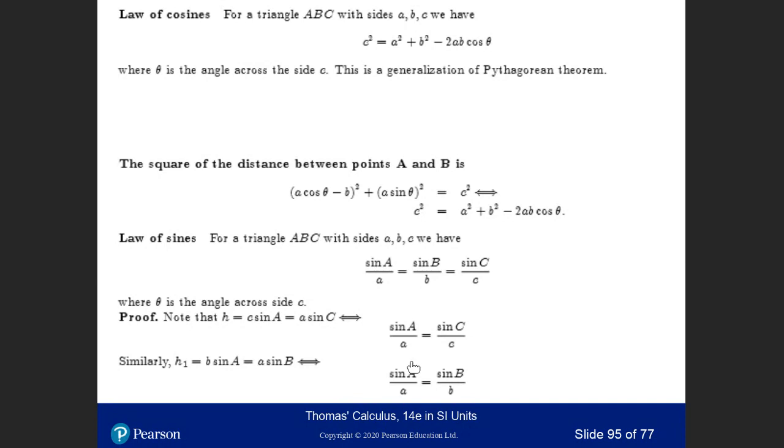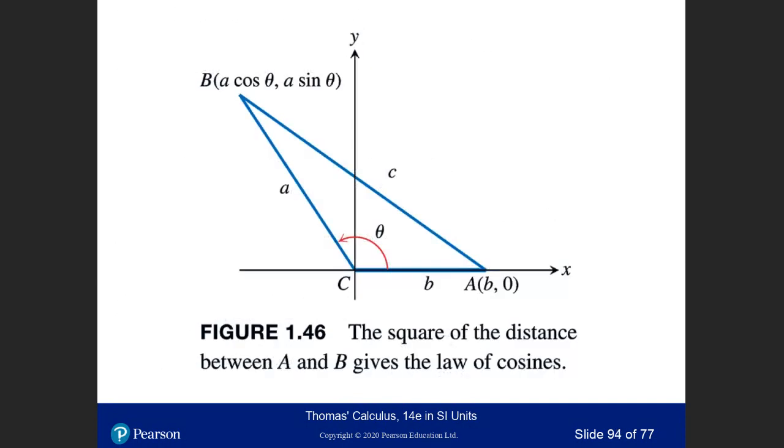Now let's draw another vertical from point C to the side c. So you have two right triangles here, which have base as CA here, and another base AC here.